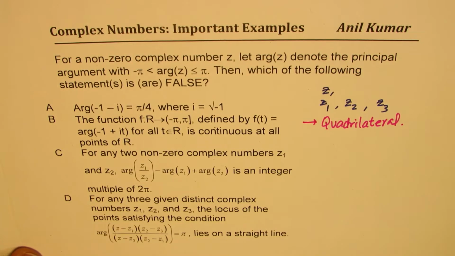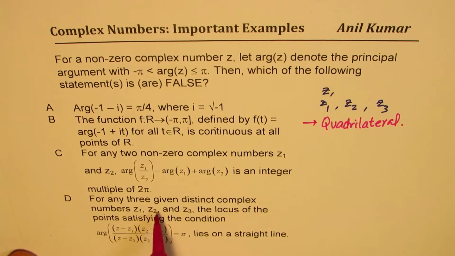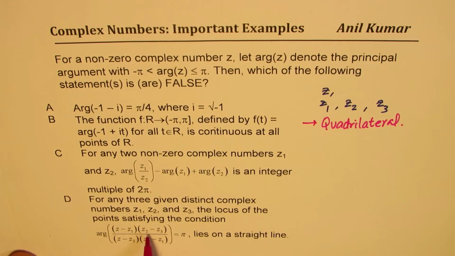So it is a thought process. When you read a question, that's what you get, right? So any three distinct complex numbers, the locus of the point satisfying the condition z minus z1 over z minus z3, and this is z2 minus z3, and this is z2 minus z1, right?